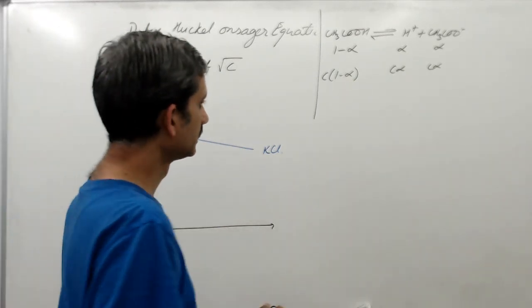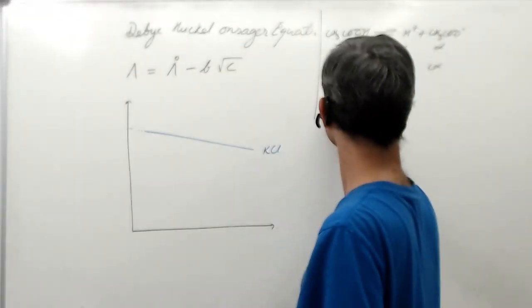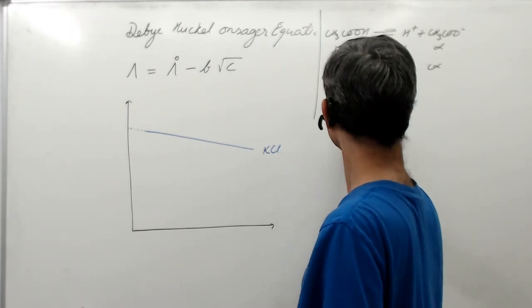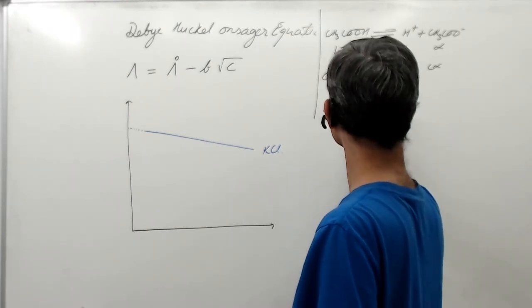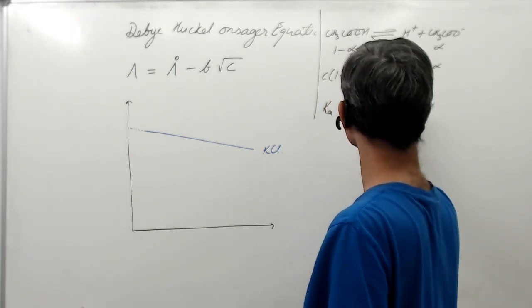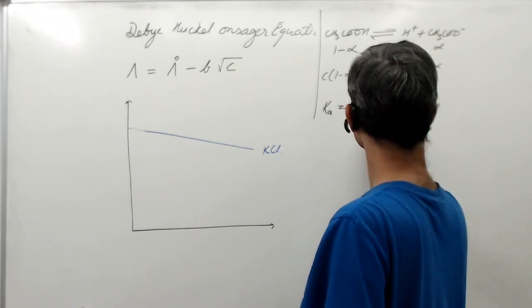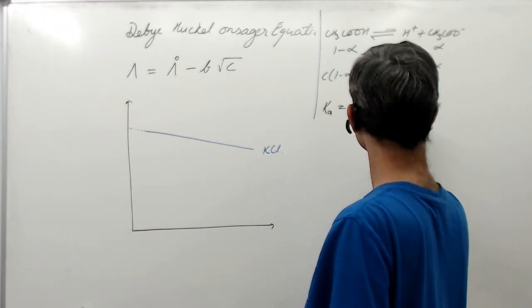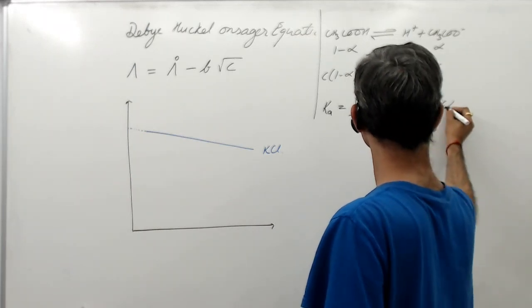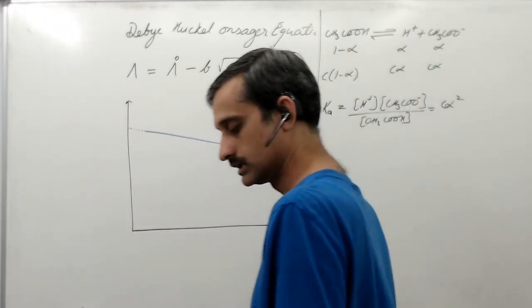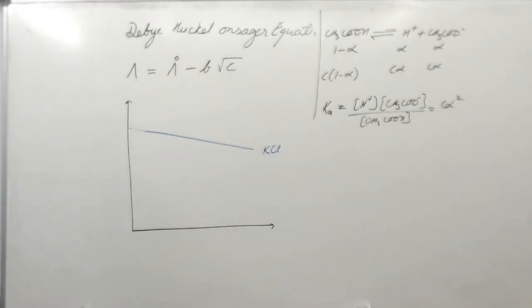Clear? Now we have something called Ka. Ka would be equal to concentration of H plus into concentration of CH3COO minus upon CH3COOH. Now this comes out to be C alpha square. Remember it? That's what you did in the chapter equilibrium in the 11th class.